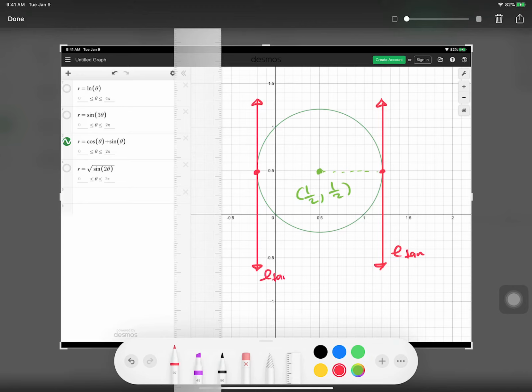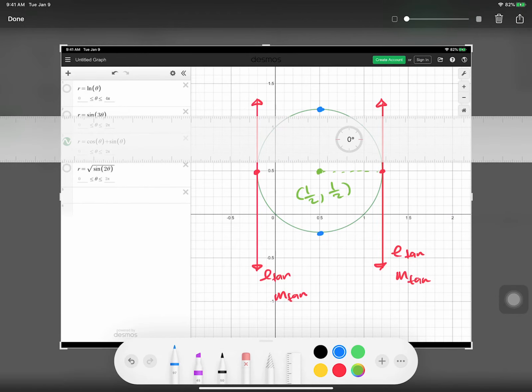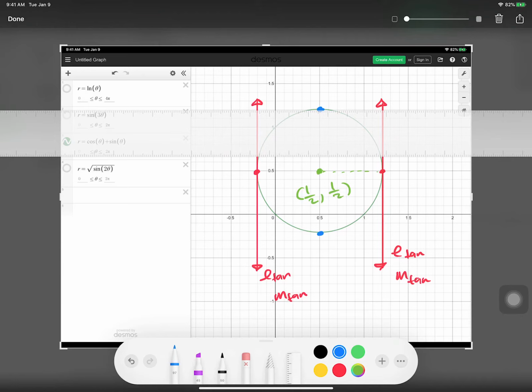L tangent. Remember what we need to know about the slope. Those slopes are undefined, right? Slopes are undefined. I'm going to change colors though, because this is the location. We have a circle here where we're going to have some horizontal tangents.